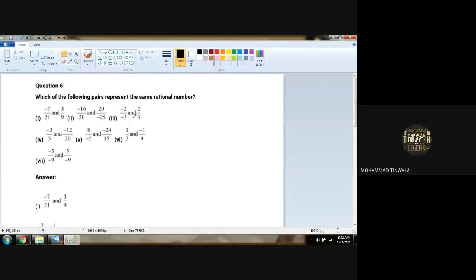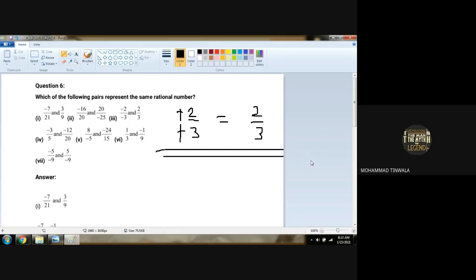See, the third one, -2/3 and 2/3. What is given here? 2 and 3 cannot divide by each other. Here there is minus, so these two will become plus. Minus got cancelled. So 2/3 will be equal to 2/3 in this.